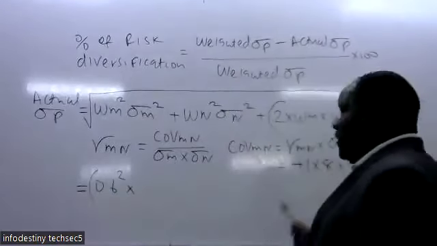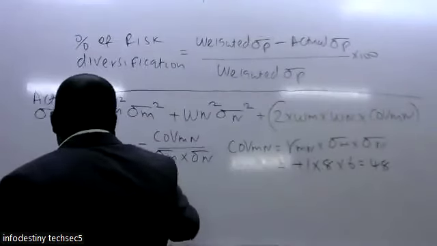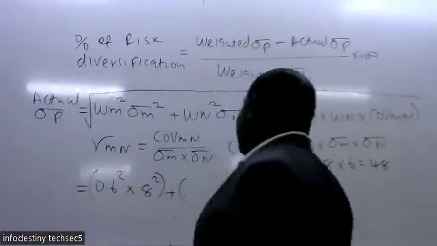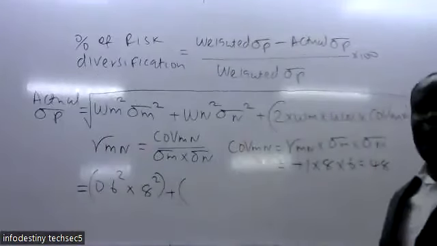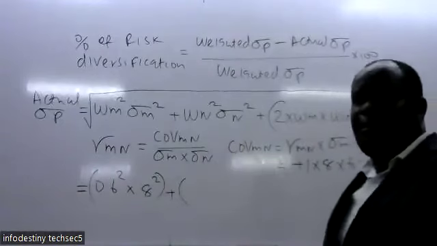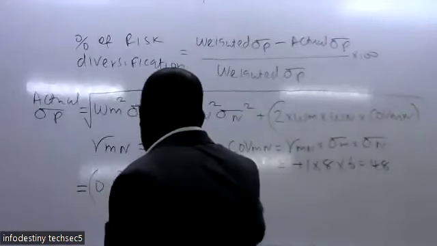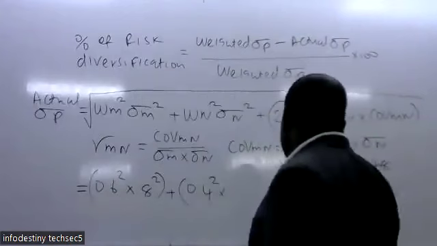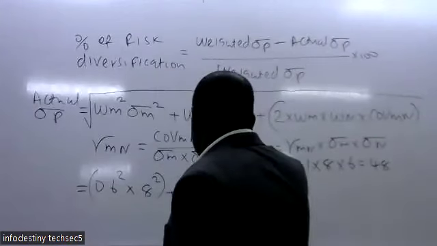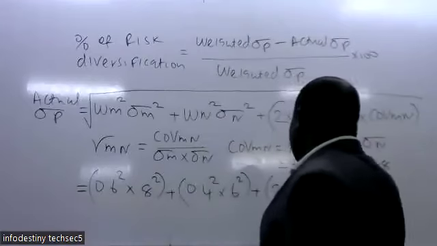Our standard deviation is 8, so you take 8 and square it. The weight for N was 0.4, which is 0.8 million divided by 2 million. You square that. Then we also square the standard deviation, which is 6. Then now 2 multiplied by 0.6.